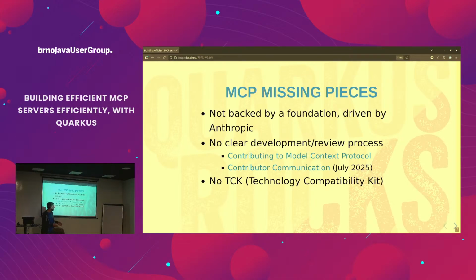So for example, if you have a specification in Java and there is a TCK, you run your implementation against this TCK, and if everything passes, then you can be happy that you satisfied all the requirements and so on. This doesn't exist in MCP, right? So during the last year, thousands of servers were created, many clients, but nobody really knows.